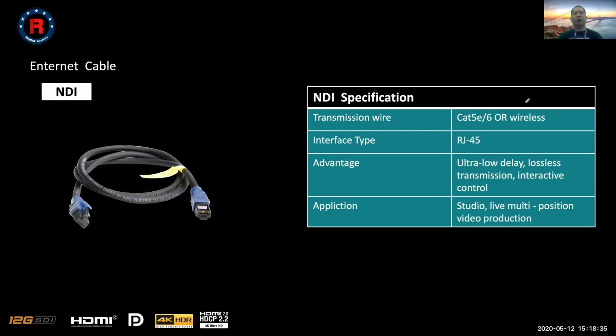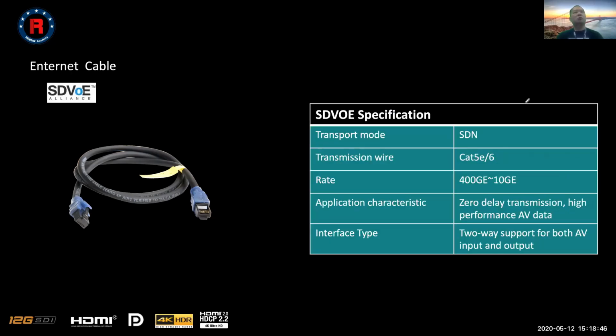And for sure, this kind of transmission has some compression and some of the data detail will be lost. SDVoE has been coming for almost more than 3 years. It has very little compression, but still needs a lot of support from the router. It requires a 10 gigabit router.